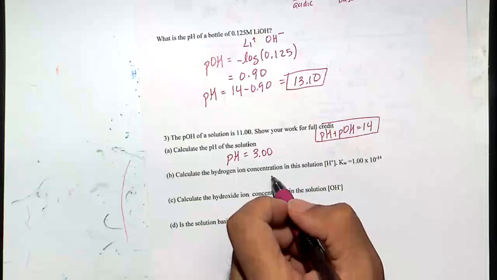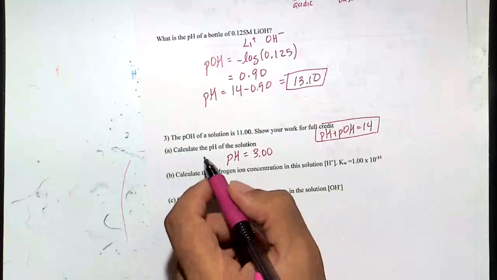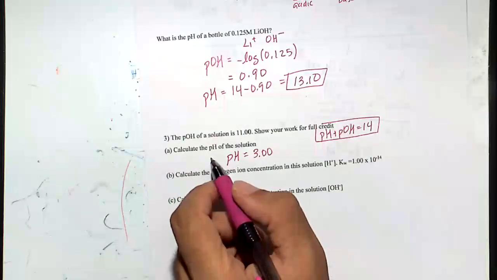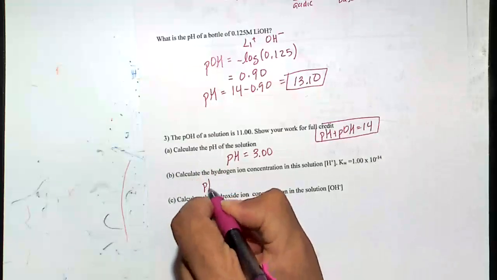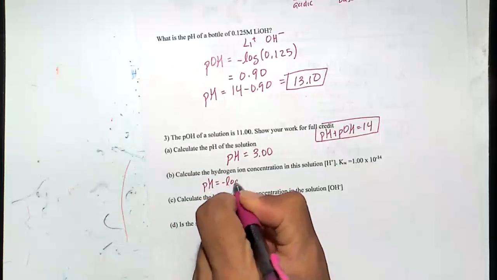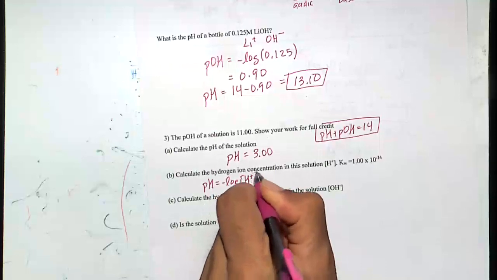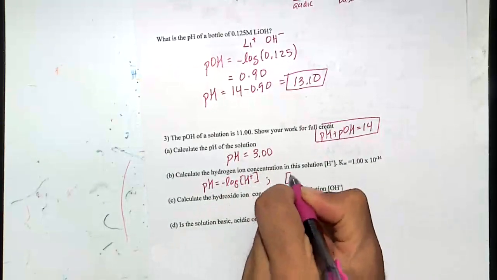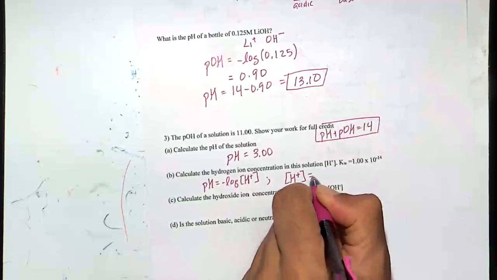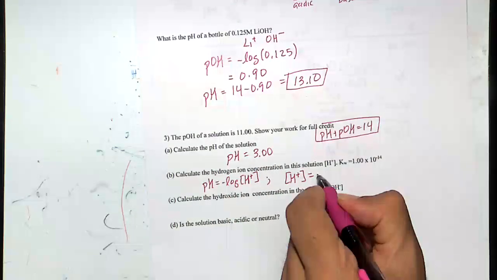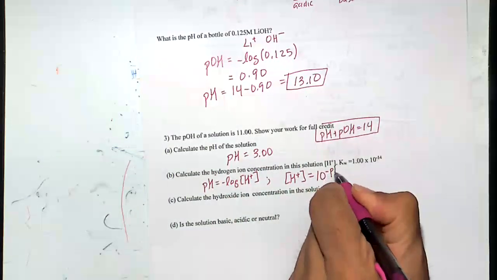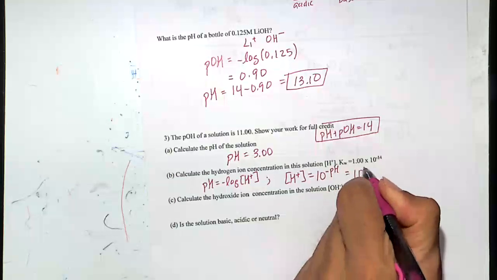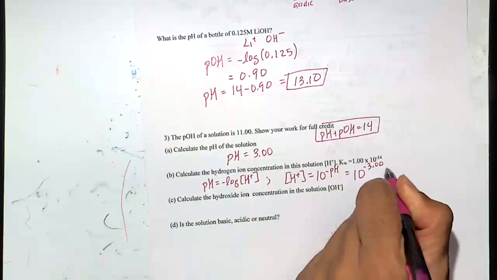Calculate the hydrogen ion concentration in this solution. So now we're going back. Remember I said we could go back and forth. If pH is minus the log of the hydrogen ion concentration, to go back and get the hydrogen ion concentration in moles per liter, it's going to be 10 to the minus pH, which is 10 to the minus 3.00.